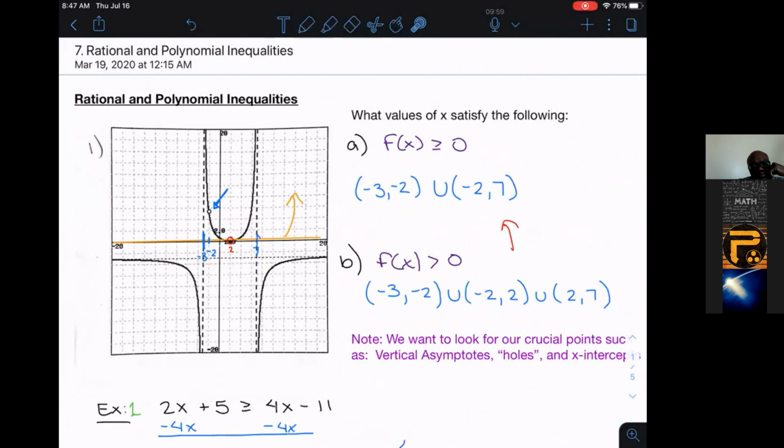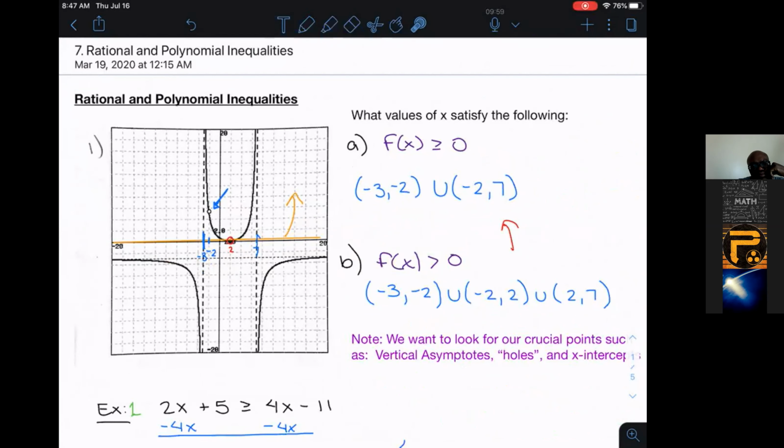Okay, let me say something really quick. This is exactly the same thing as saying 8 is greater than or equal to x. These two expressions are actually the same. Because x can be less than or equal to 8, that means any value is less than or equal to 8.